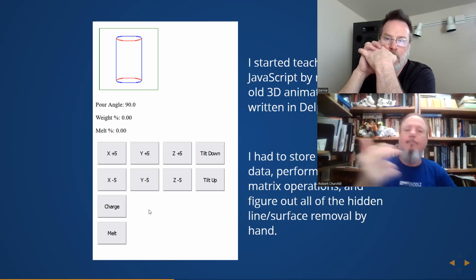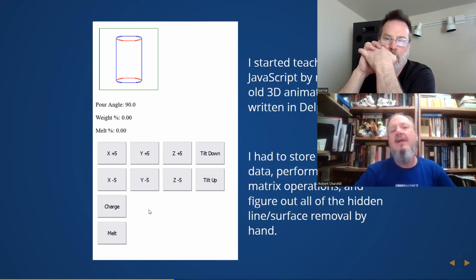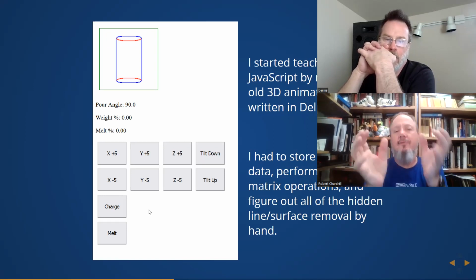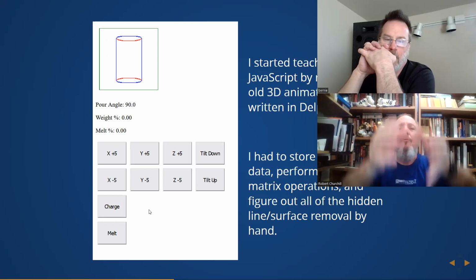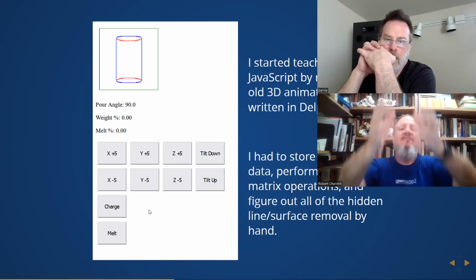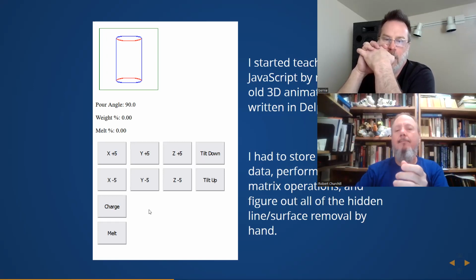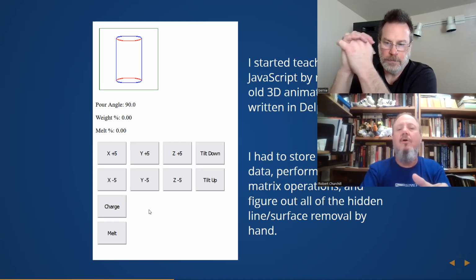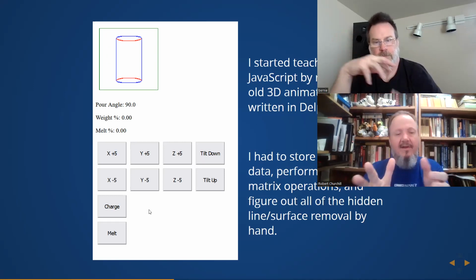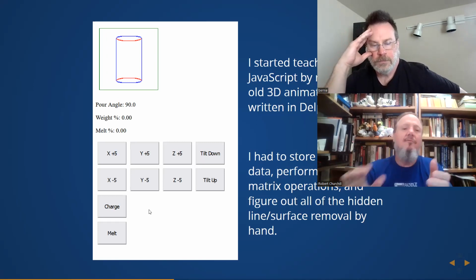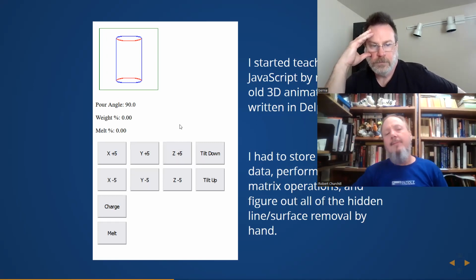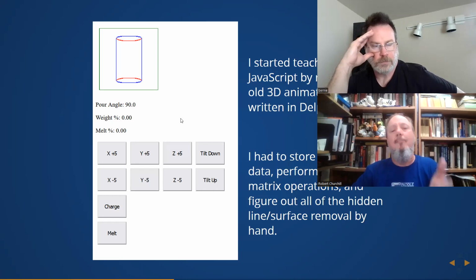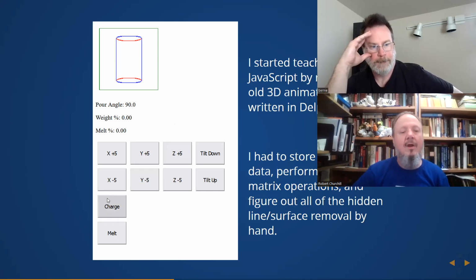You run a high current through it, and it eventually creates an alternating magnetic field in the center of the coil where the metal is, and it eventually melts this. And you scrape the junk off the top and then pour it into molds or whatever.